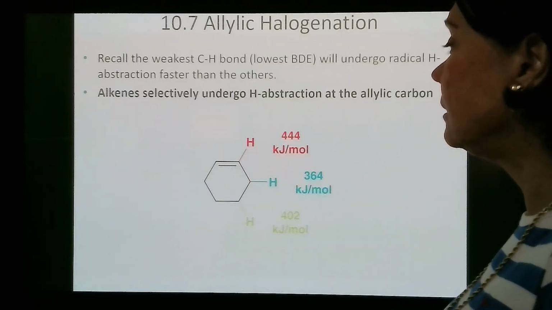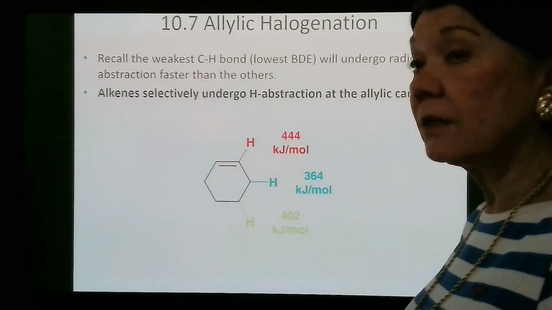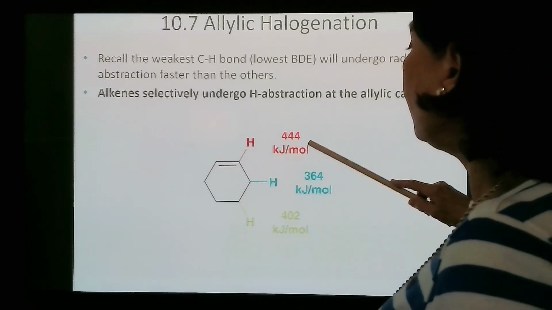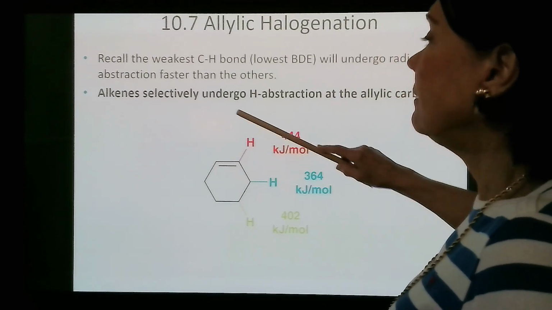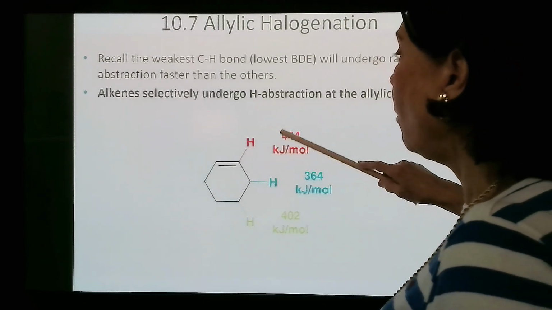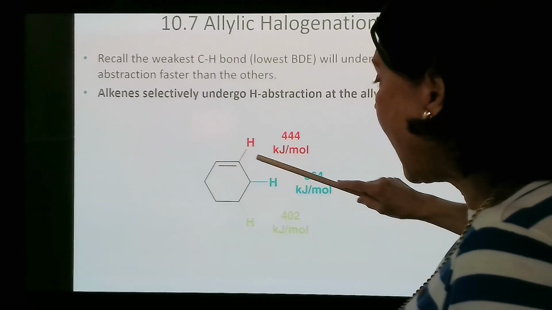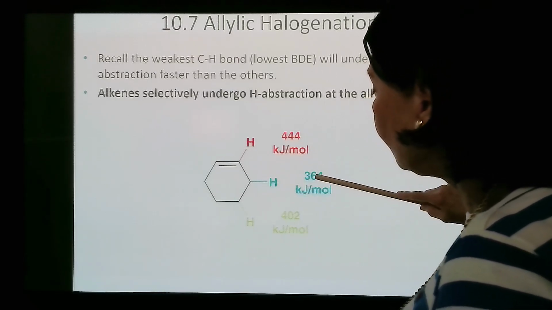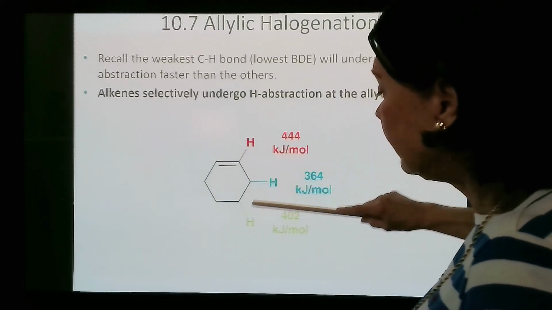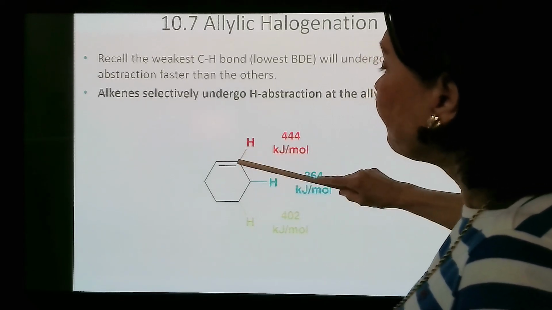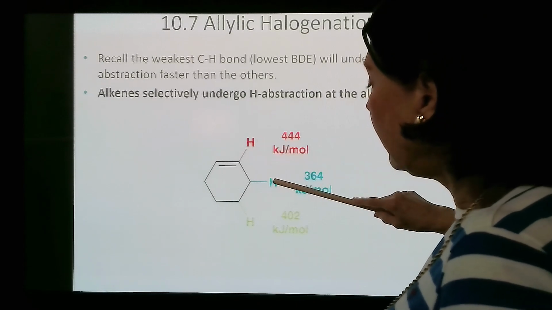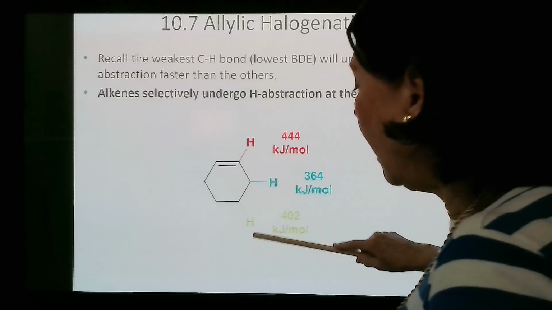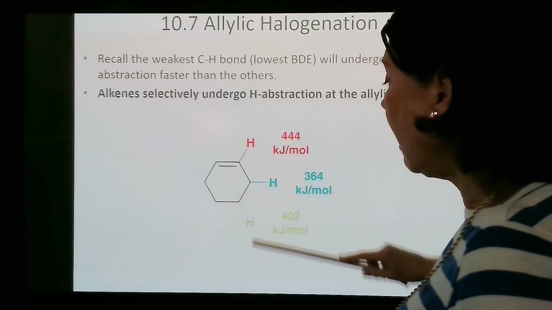Remember, bromination is a reaction that is very regiospecific. And so, here, let's look. The alkenes selectively undergo hydrogen abstraction at the allylic carbon. Here it is. And look at the bond dissociation energies of each of these hydrogens. This is the allylic hydrogen, and just a typical alkane hydrogen.